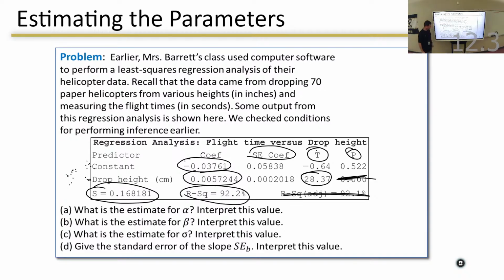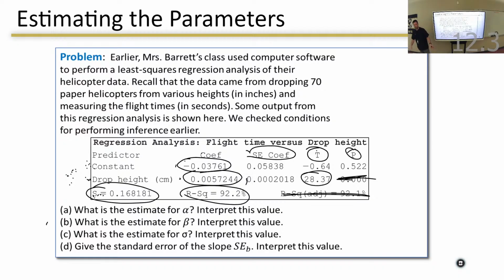Okay, good. What is the estimate for A? That's the alpha, the estimate is the y-intercept. What is the estimate for beta? That's the slope. What is the estimate for sigma, the standard deviation, which comes from this? And give the standard error of the slope. The standard error of the slope is right down here.